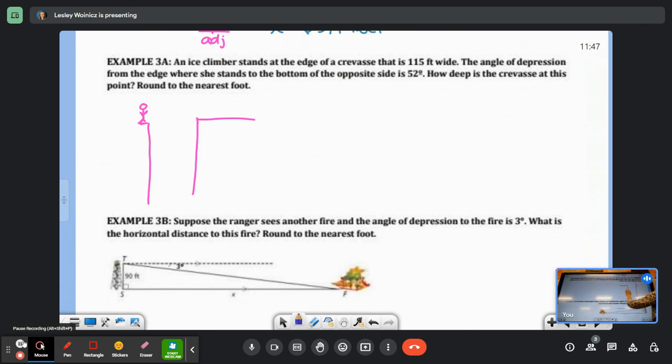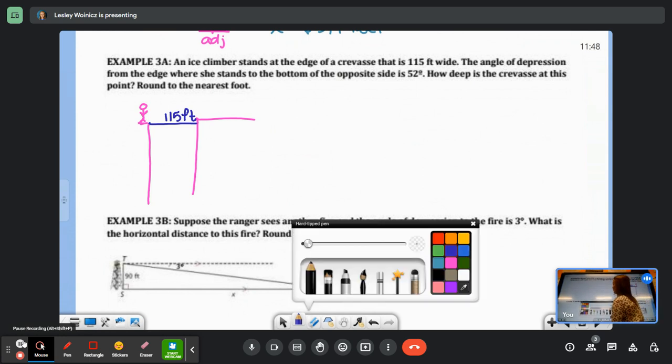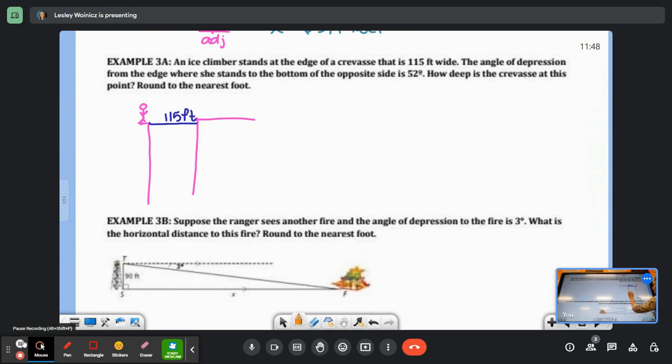How wide? Okay, 115 feet. Okay, what is the angle of depression from the edge where she stands to the bottom of the opposite side? Okay, so the angle of depression goes from the horizontal down, and it goes from her feet down to the bottom of the other side.